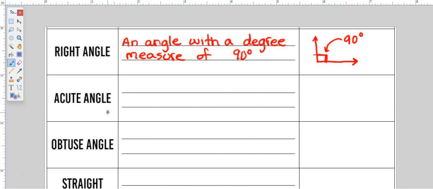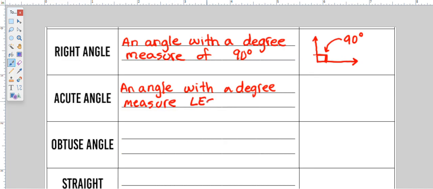We also have an acute angle. That's an angle that's measures are less than 90. So an angle with a degree measure less than 90. I'm putting less than in all caps. Less than 90.